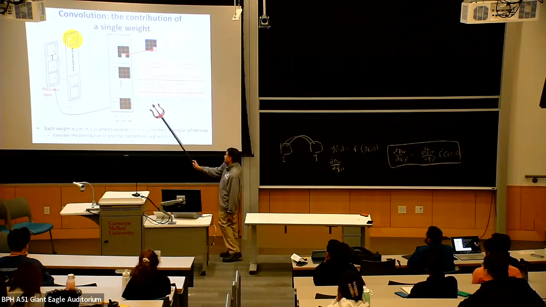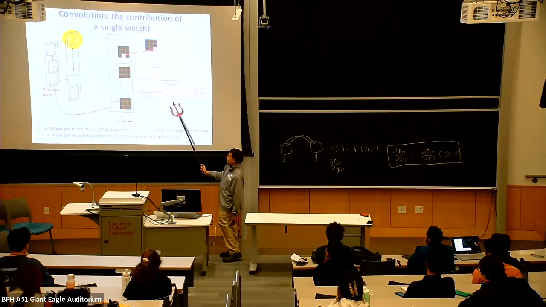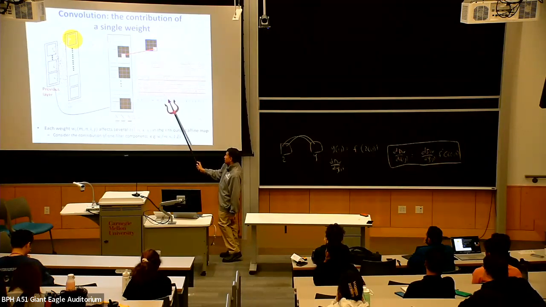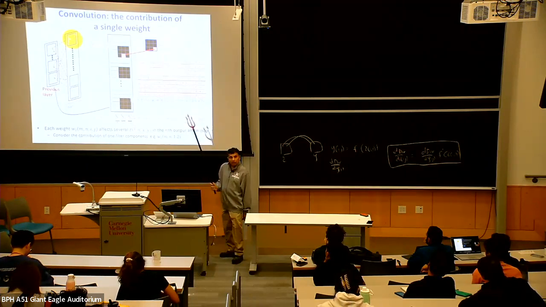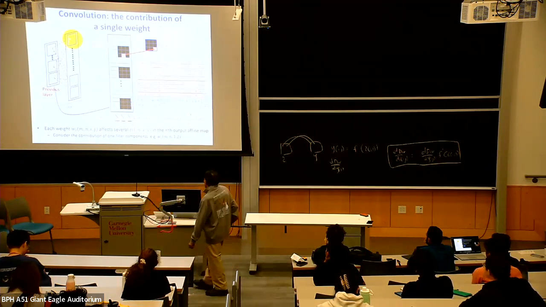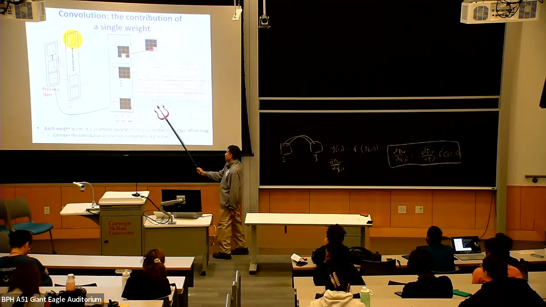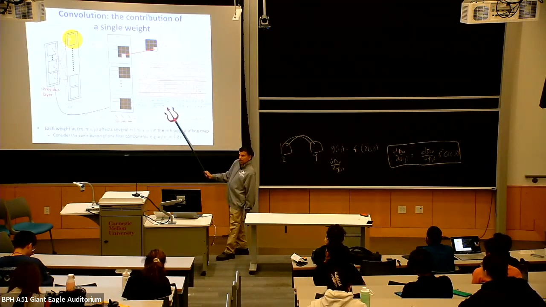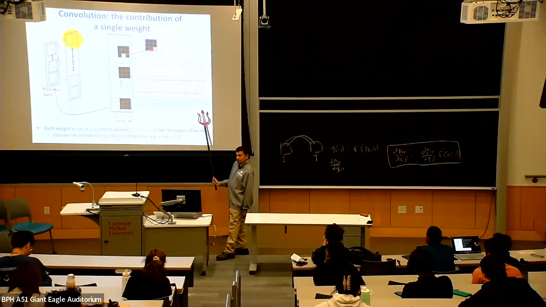So Z(x,y) equals, plus, there should be a plus, I just missed the plus, W12 times Y(x+1, y+2). Or generalizing, for any (x,y) position in Z, the contribution of the (i,j)th element of W is through Y(x+i, y+j).